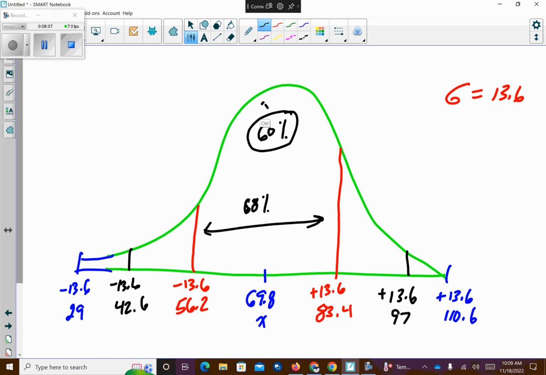Going out the second standard deviation, we should have 95% of our population, but our data shows 29 out of 30, which is 97%.